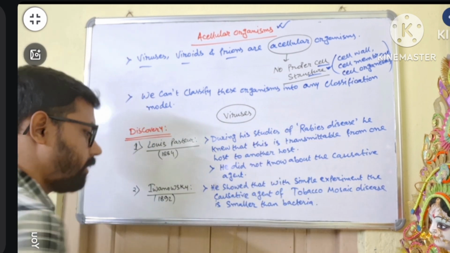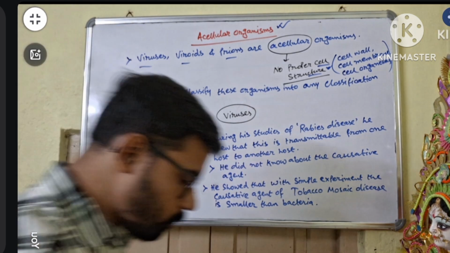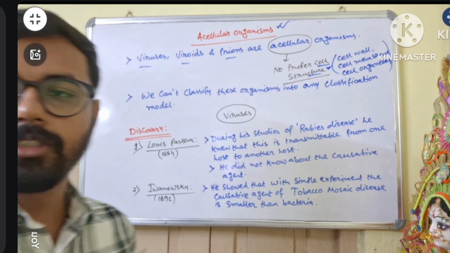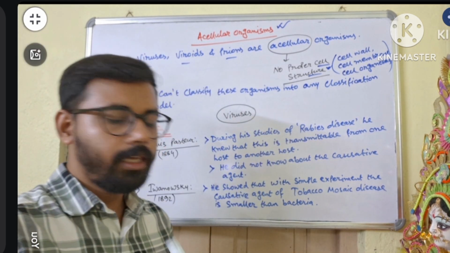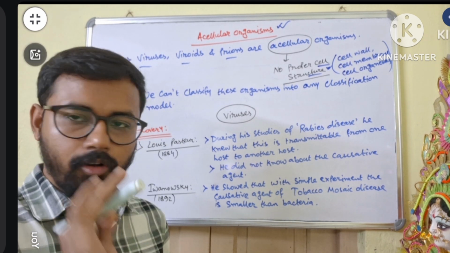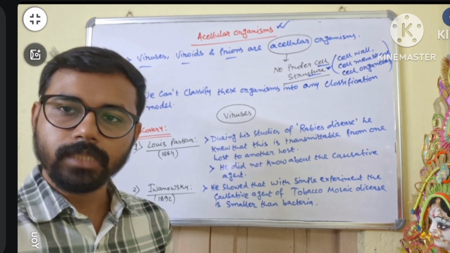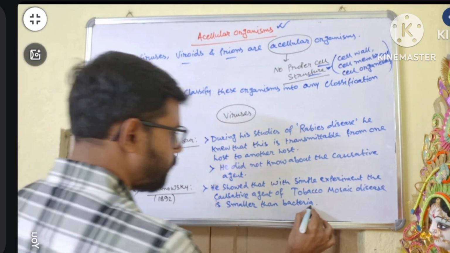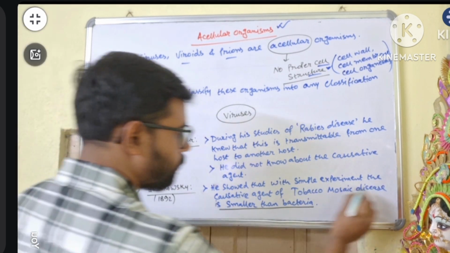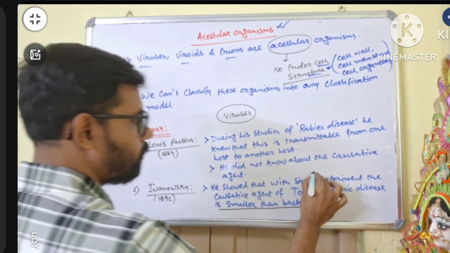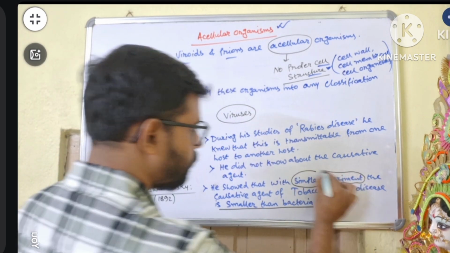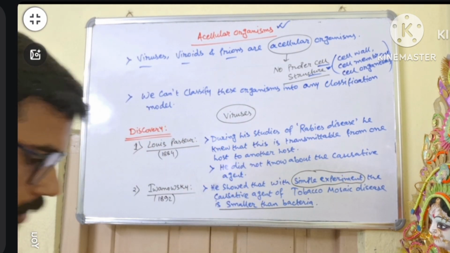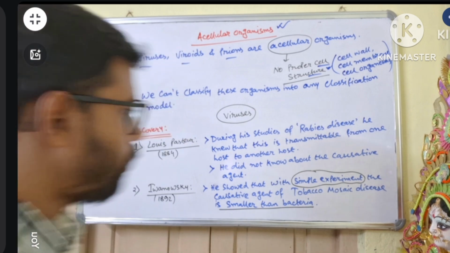Clearly, he did not know about the causative agent, which is the virus, but he clearly knew that the causative agent's size is smaller than bacteria, and it is proved by a simple experiment. And we will conclude this experiment in a short way.